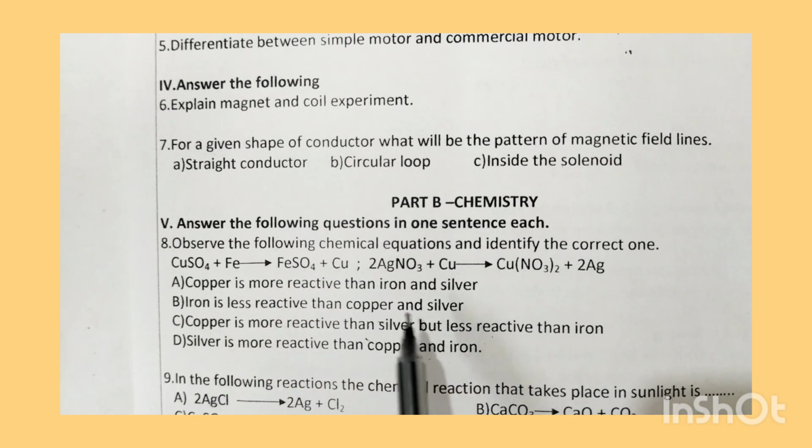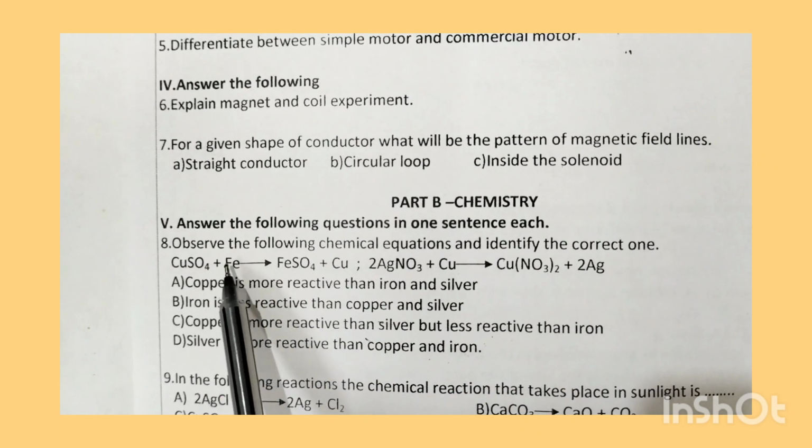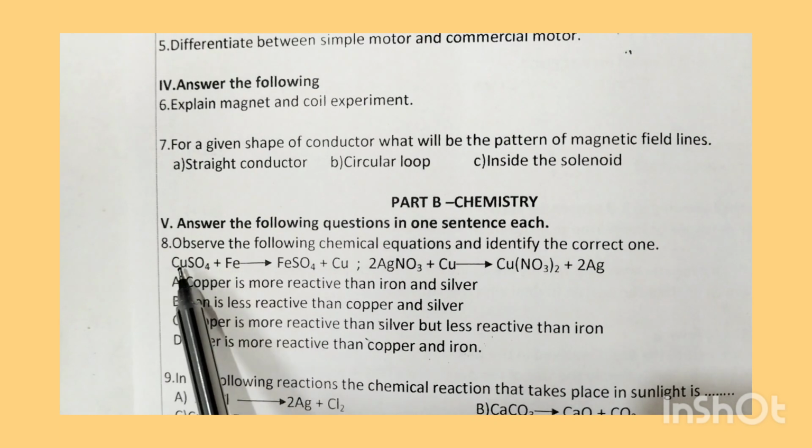Among these four options, the right option is C. Copper is more reactive than silver, therefore copper displaces silver, but it is less reactive than iron. Since it is less reactive, iron displaces copper.